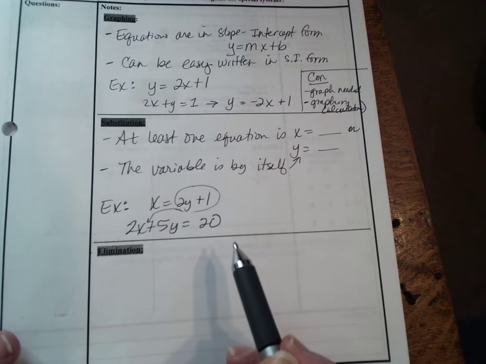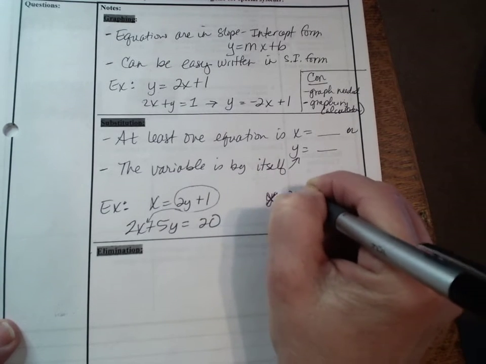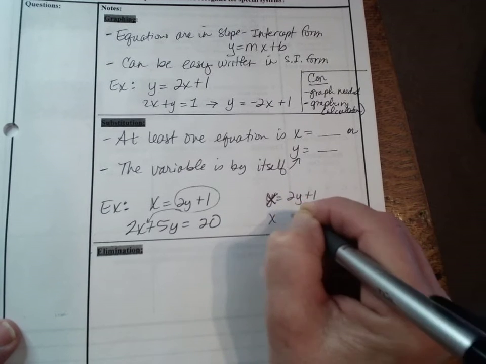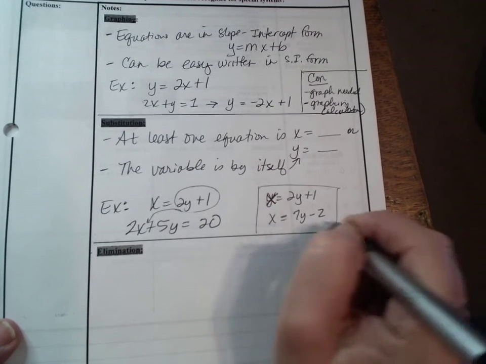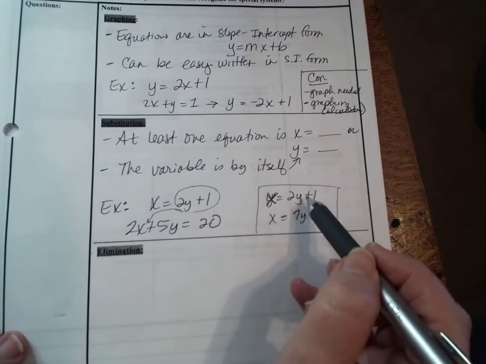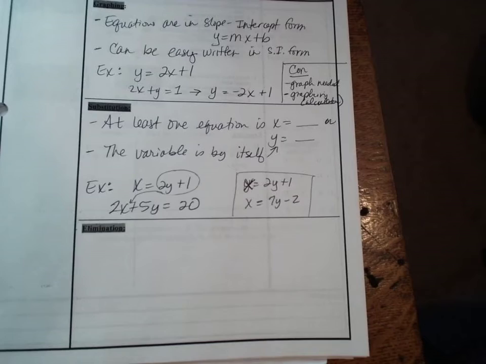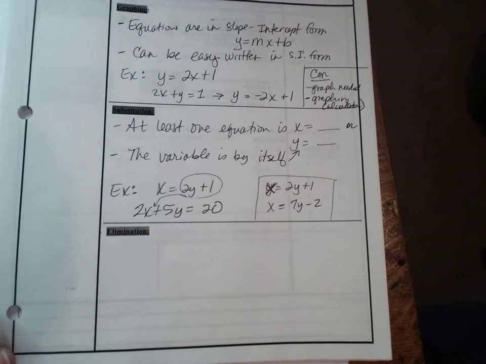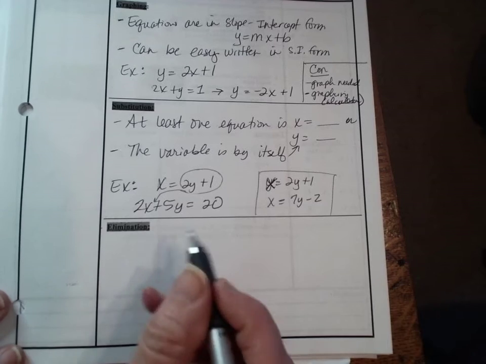Or x equals 2y and x equals 7y plus 2. That's another substitution, where they can equal each other. Okay, the third one, my favorite, is in all of them. Just one variable by itself, then we can put it in.